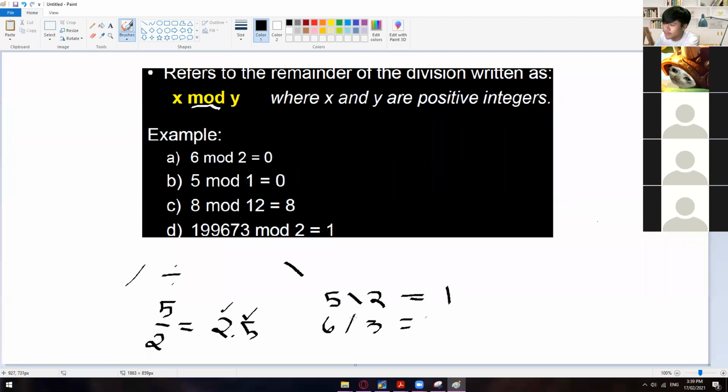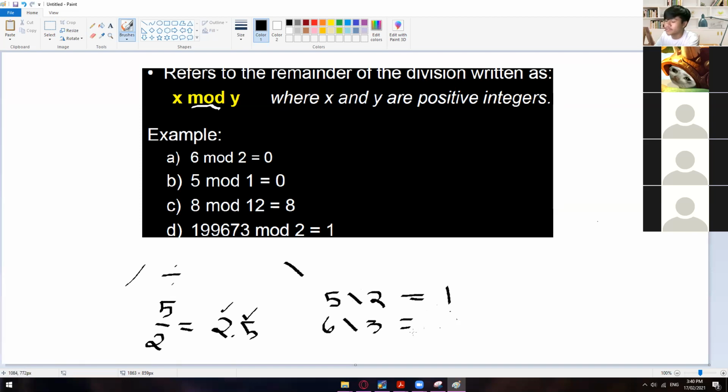So if we use division, 6 divided by 3 will get 2, right? Yes, sir. Or basically this one is 2.0, to be exact, if you list the integer part and then the remainder part. But if you use the modulus or the mod, we're just getting the remainder part. All right, let's change this one into mod.